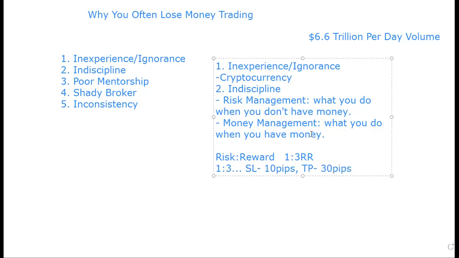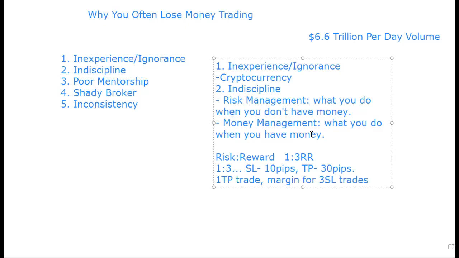And what that means is that for every one trade that eats TP, TP is take profit, I have built margin for 3 SL trades.